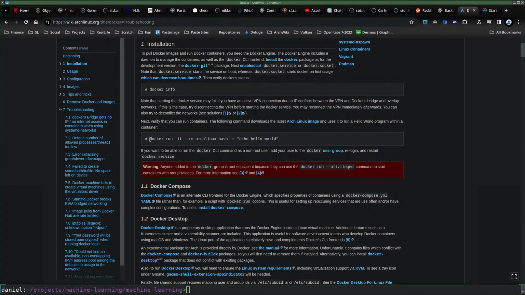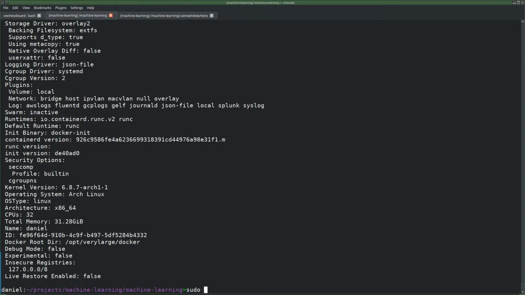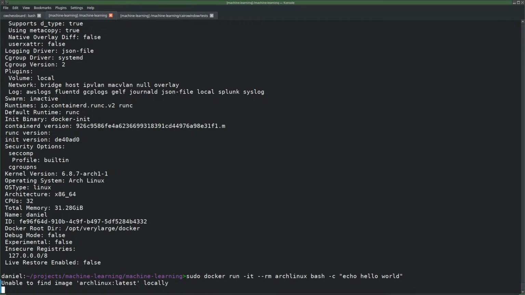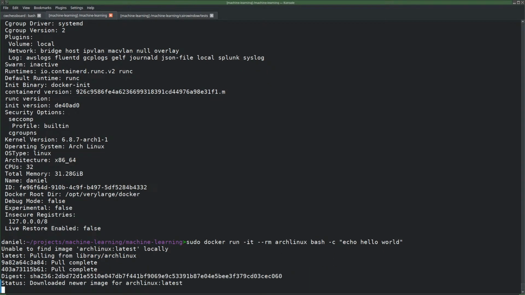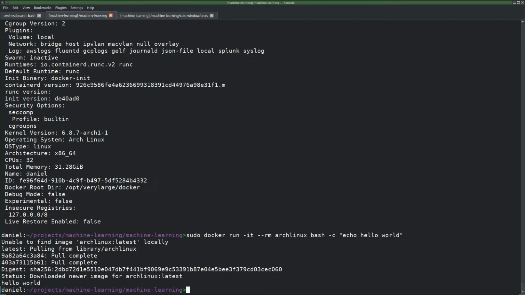Yeah, not yet. I can just run it as root. Strange that the Arch Wiki doesn't tell me to either run as root or add myself to a group.